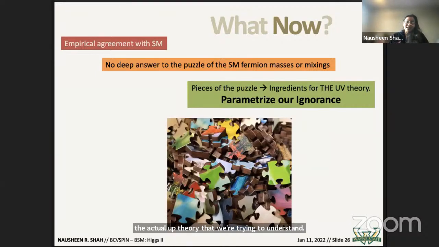And so the way we do that is we build these models, and the parameters there basically are parameterizing our ignorance, right? We're putting them there because we don't know where they come from. But the hope is that trying to understand how the interplay goes will give us insight into where they could have possibly come from.